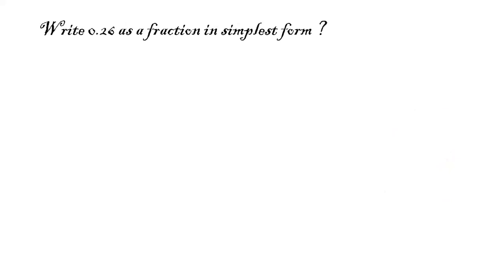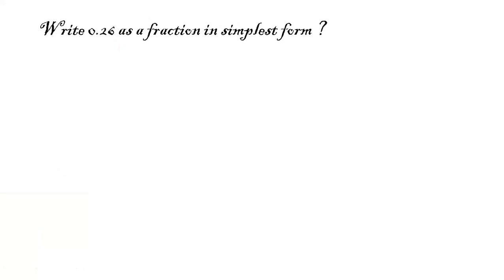Write 0.26 as a fraction in simplest form. So to do that, you need to know the number place value. Like you see, this is the tenths place and this is the hundredths place. So if we read it aloud, you can say 26 hundredths.